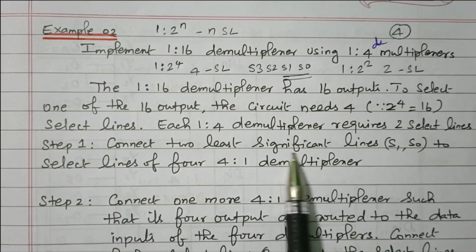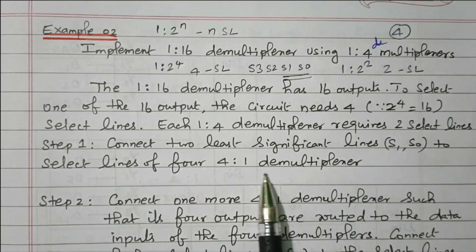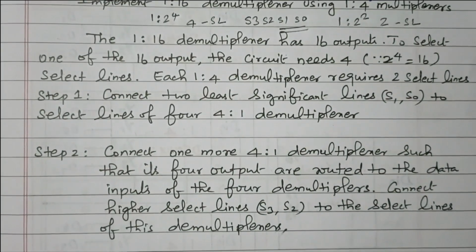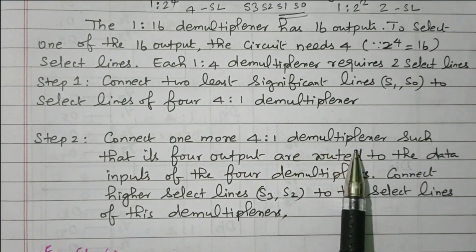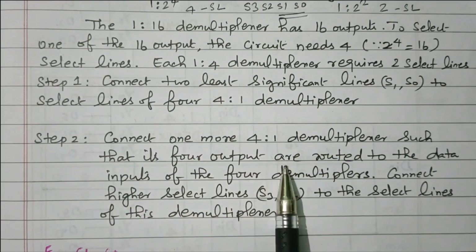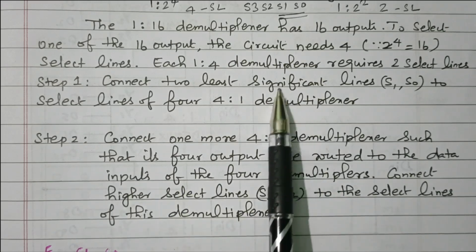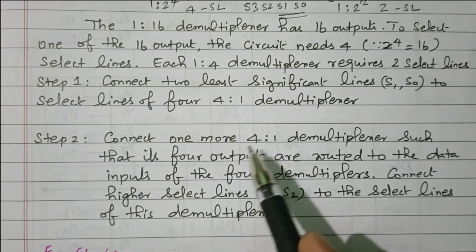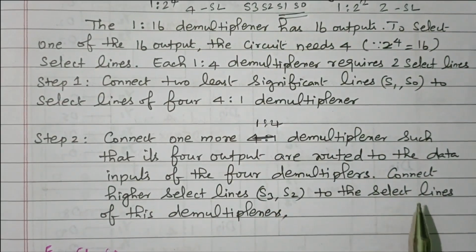So connect the 2 least significant bits S1 and S0 to select the outputs of each 1:4 demultiplexer, as we discussed. The second step is to connect one more 1:4 demultiplexer such that its 4 outputs are routed to the data inputs of the 4 demultiplexers. Here we are using 4 demultiplexers that are controlled by one more 1:4 demultiplexer. For that we need to connect the MSBs S3 and S2, right?